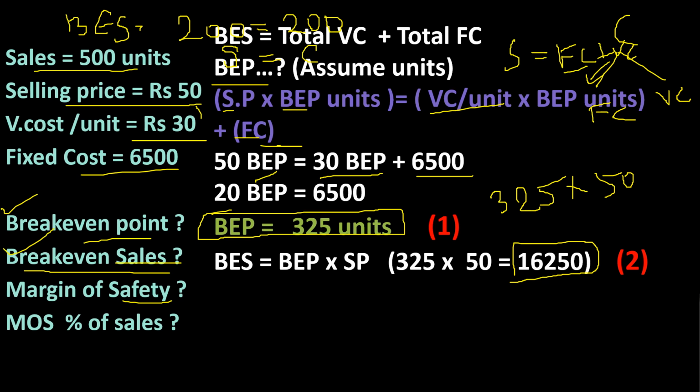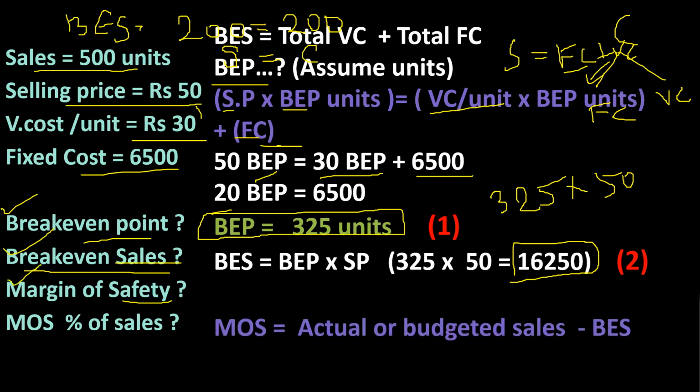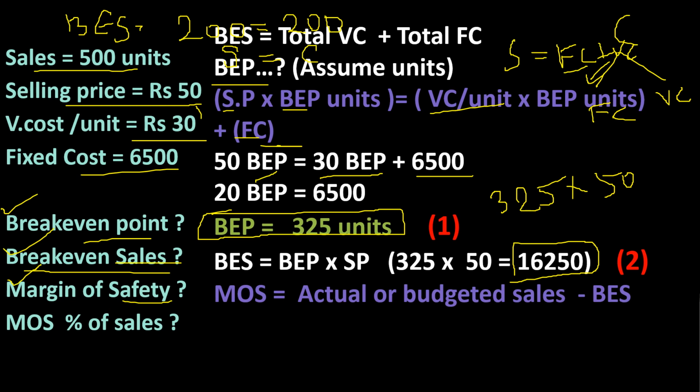Next is to find the margin of safety. So this is the formula for margin of safety: actual or budgeted sales minus break-even sales. What is the actual sales here? They gave the sales as 500 units. So 500 into selling price per unit, 50.